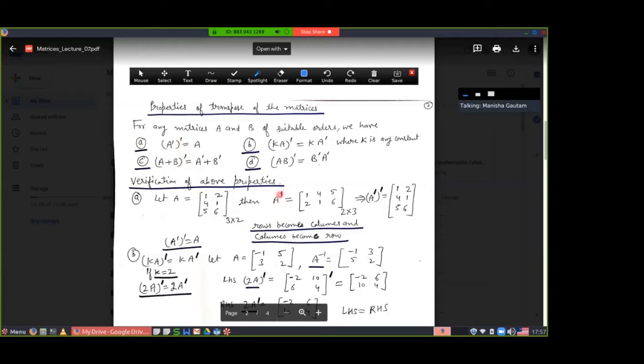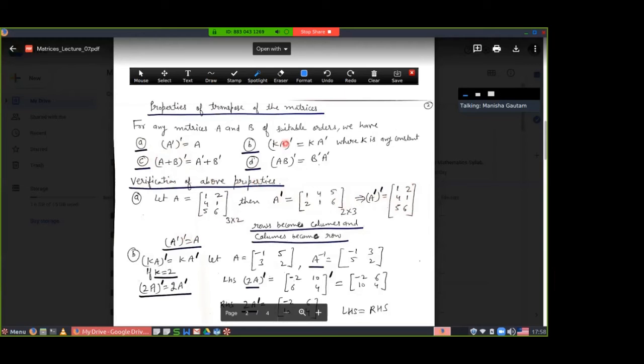It means for A transpose, further transpose you have to calculate. It means again the rows become columns. What you get is the same matrix as the previous one, matrix A. A transpose whole transpose comes out equal to A. This is the verification of the first property of the transpose of matrices.